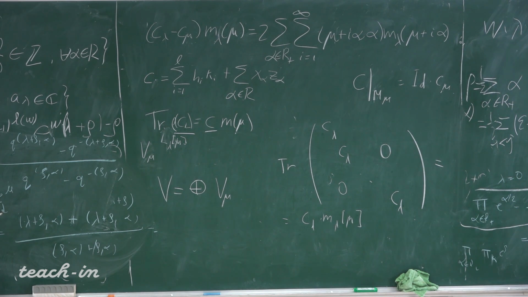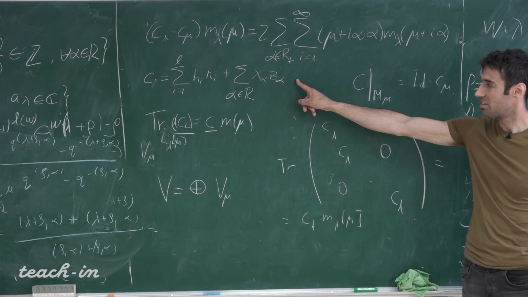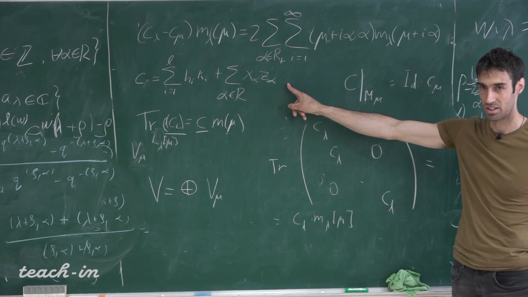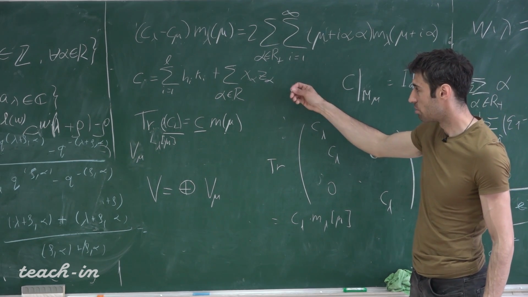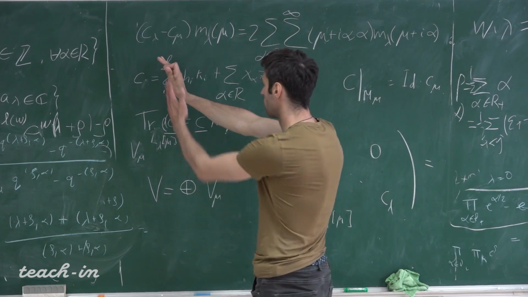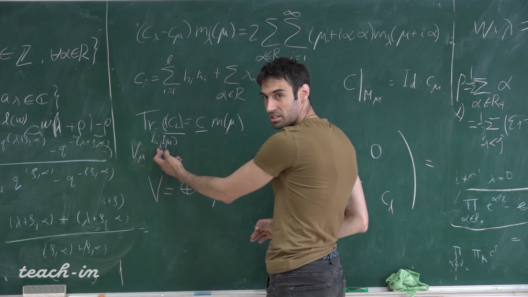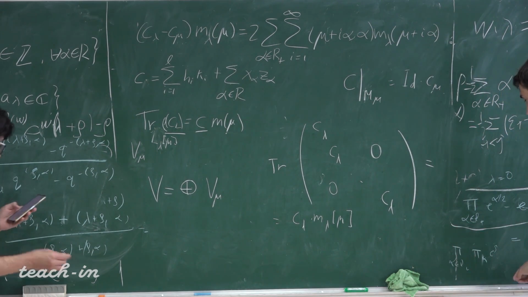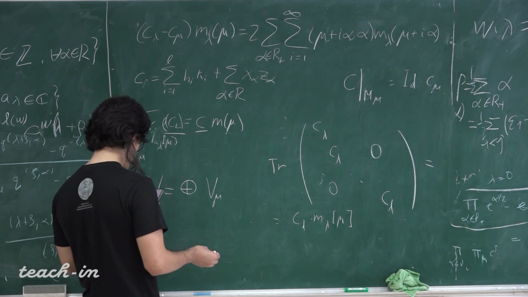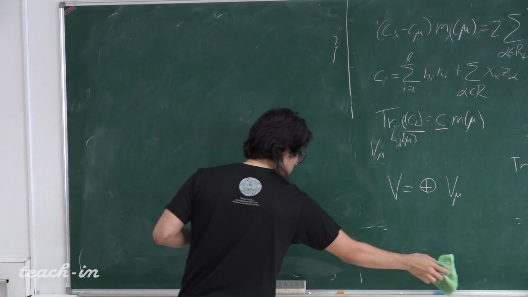On the other hand, you can take this particular formula, right? And see what is the trace of this in this subspace. And how do we do this? We do it by parts. So far, we have only done the trace of the Casimir operator.